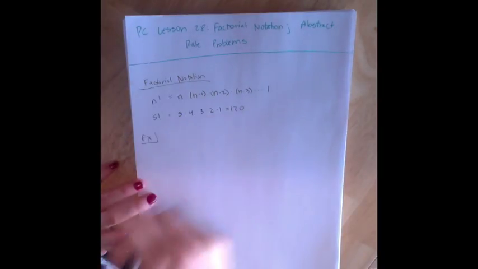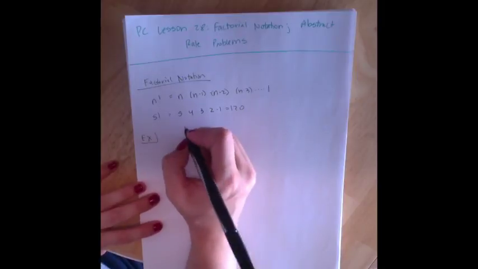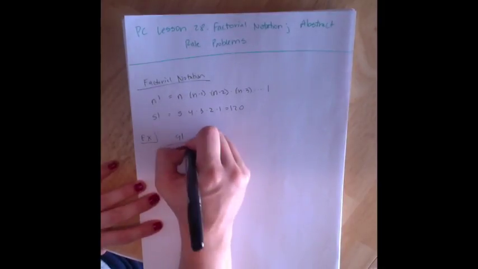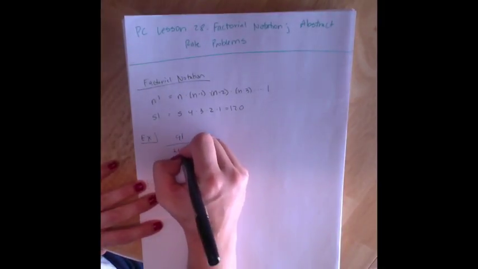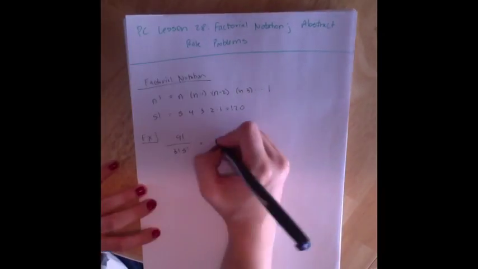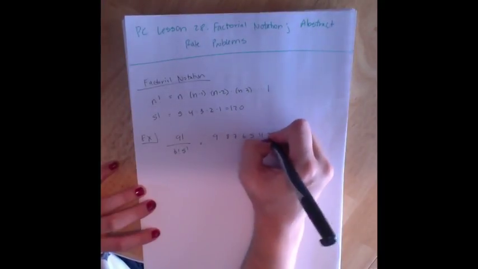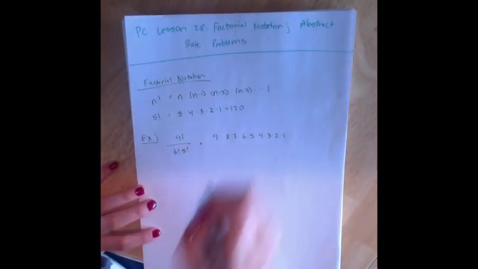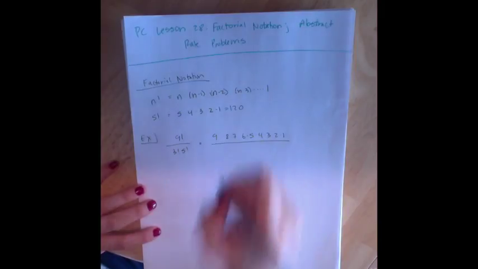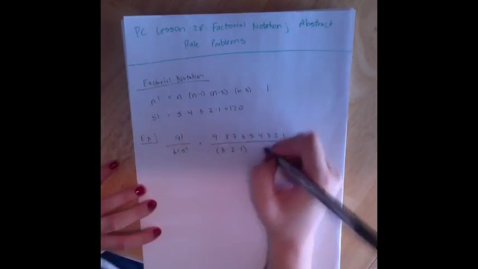That was exactly example 1. Let's look at another example. 9 factorial over 3 factorial times 5 factorial. Now, let's write it out. 9 times 8 times 7 times 6 times 5 times 4 times 3 times 2 times 1. That's 9 factorial. 3 factorial is 3 times 2 times 1.